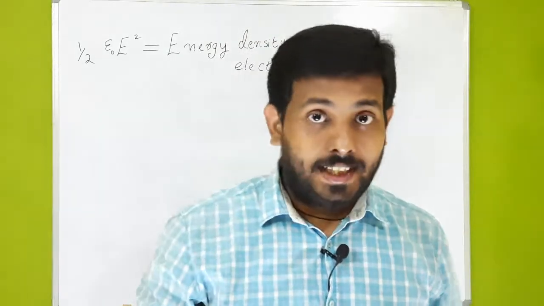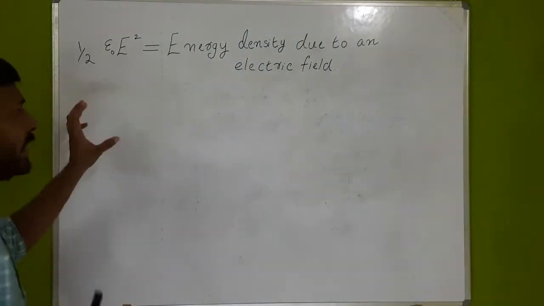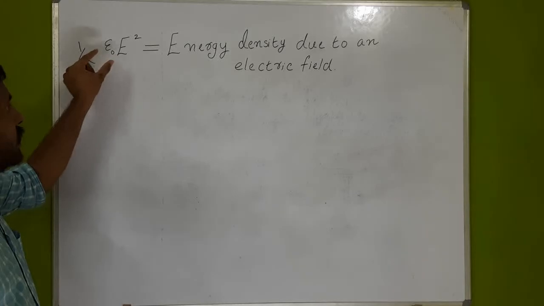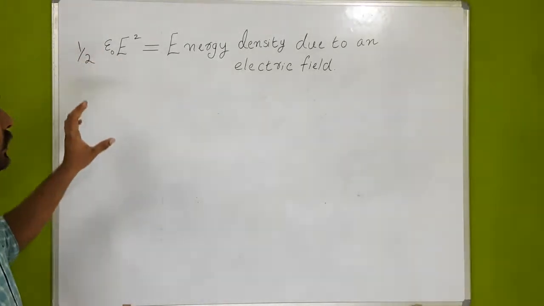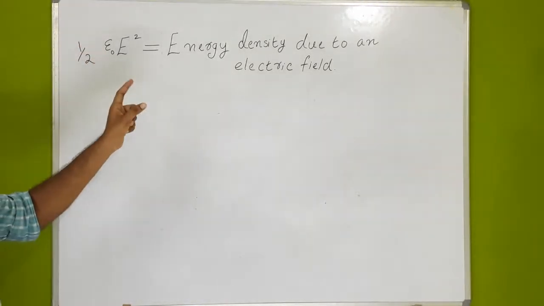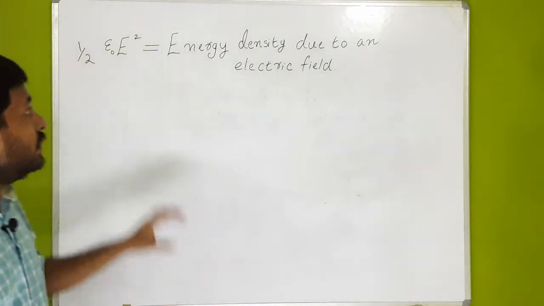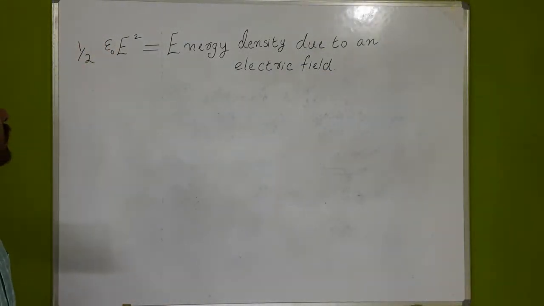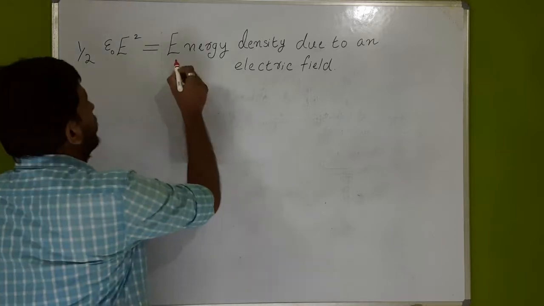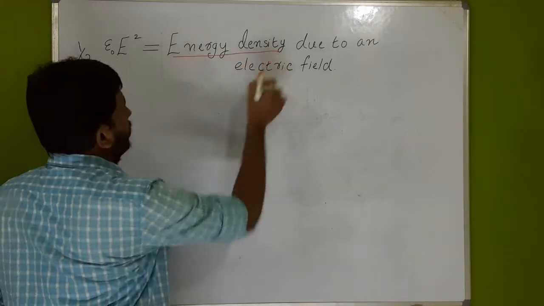Have you got the answer? If not, let's check. The quantity 1 by 2 epsilon 0 into E square is actually the energy density due to an electric field. So 1 by 2 into epsilon 0 E square is the energy density.